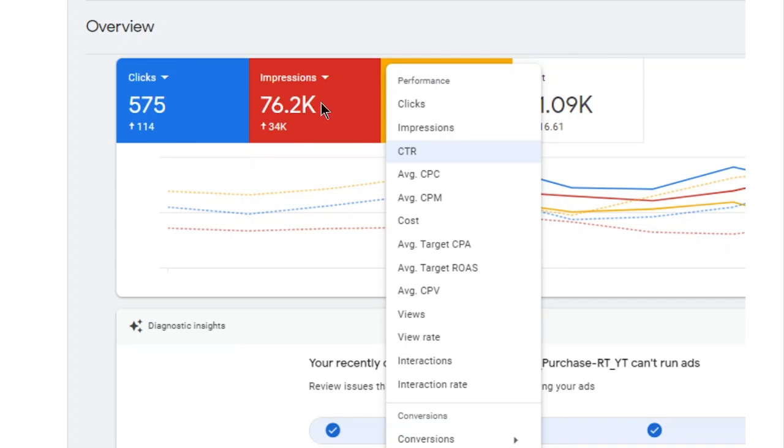This is the impression that I just talked to you about. Then we can click on this drop down, from where we can see different parameters as well, like CTR, average CPC, CPM, cost, target CPC, average ROAS, views, rates, and we can check for conversions as well that we have created in Google Ads.